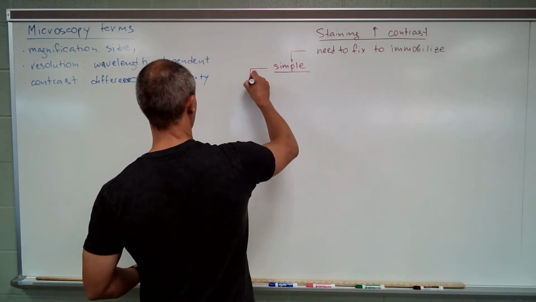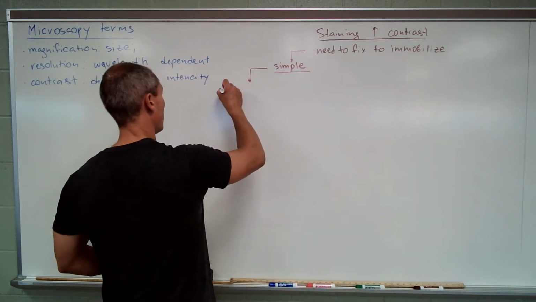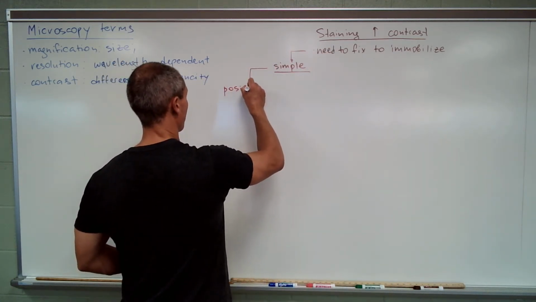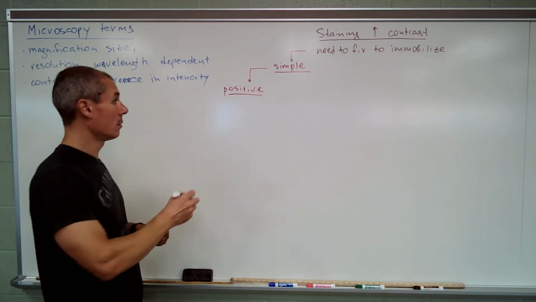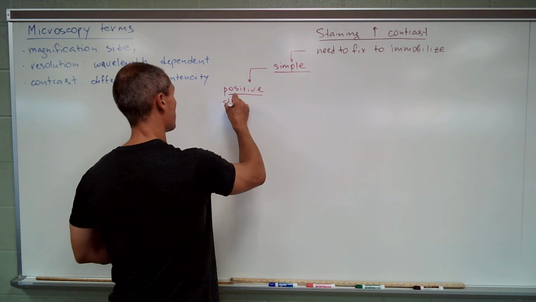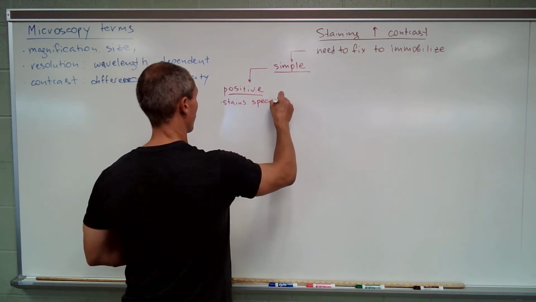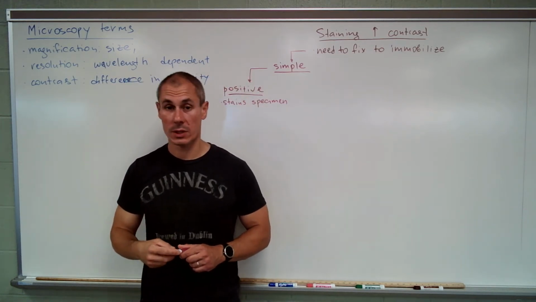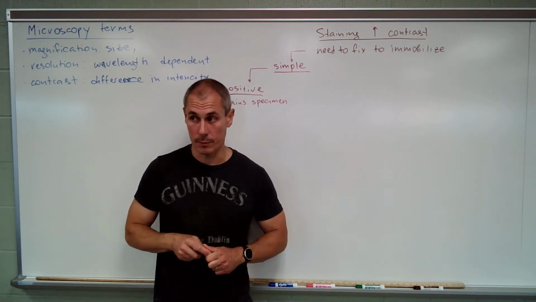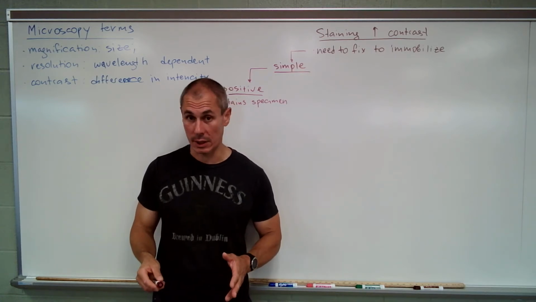Simple stains can be further divided into 2 subcategories. Simple stains can be positive or negative. So positive stain stains the specimen. In our case, if we talk about bacteria, positive stains stain the cell, and background remains colorless. Does that make sense to you?